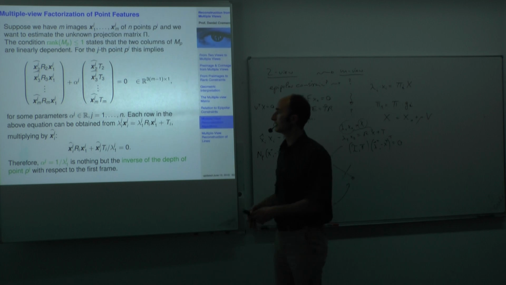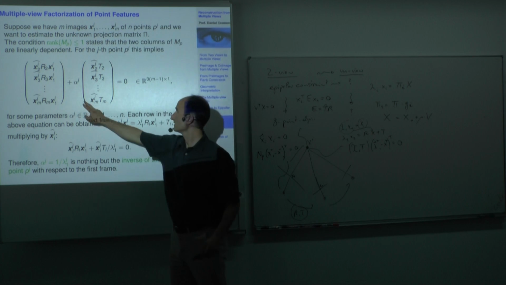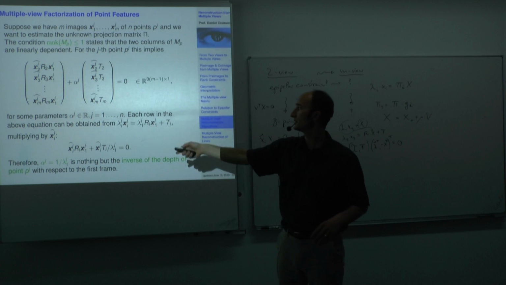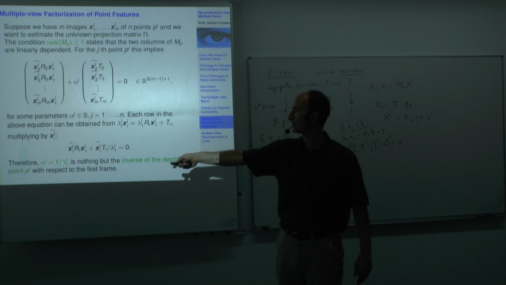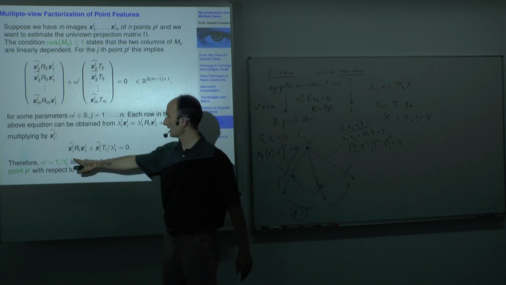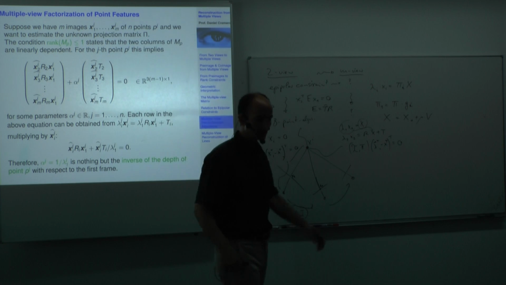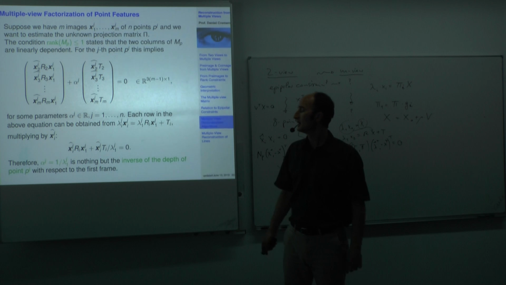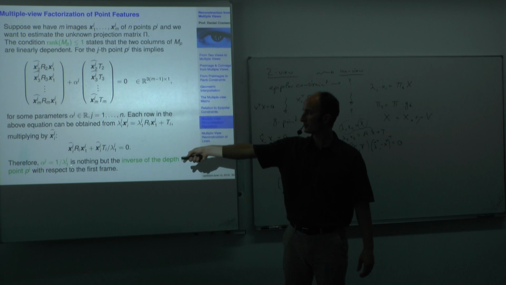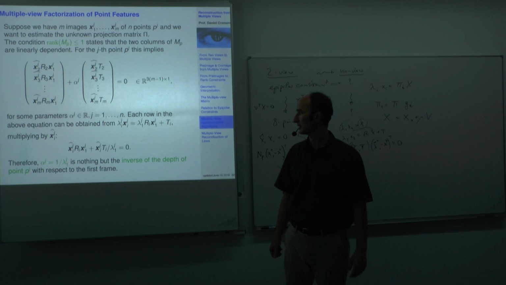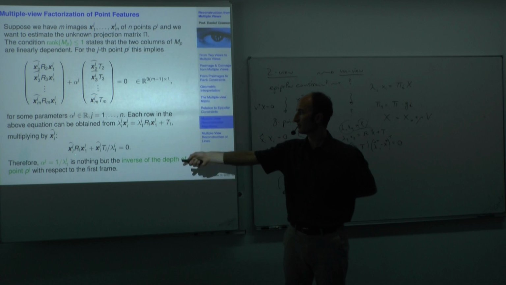In other words, what you see is that this scaling factor alpha j that models the linear combination here is nothing but lambda 1 over lambda 1j, that is, the depth of the j-th point in the first image. This is what I said earlier already, that this linear combination basically encodes the fact that there is a consistent depth with respect to the first image. Here you see it again. So basically that parameter alpha is nothing but the inverse depth, if you will.